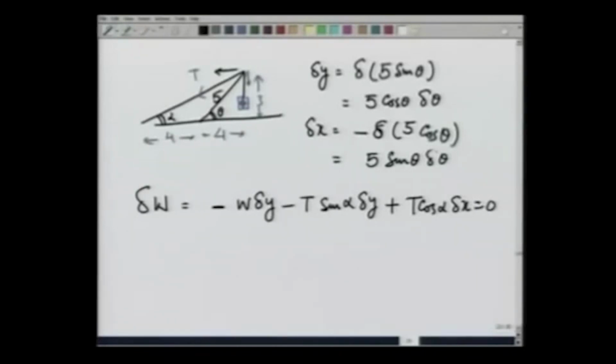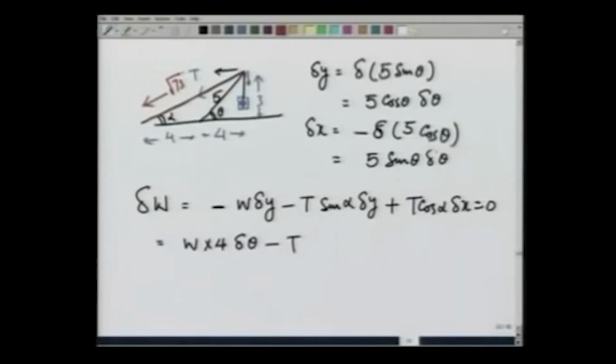This gives me W delta y, we have already calculated 5 cosine theta delta theta. 5 cosine theta from here is 4 times 4 delta theta, minus T sine alpha. Sine alpha is going to be 3 divided by this length, and this length is root of 8 square plus 3 square, so root 73.